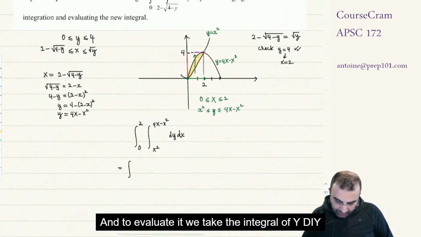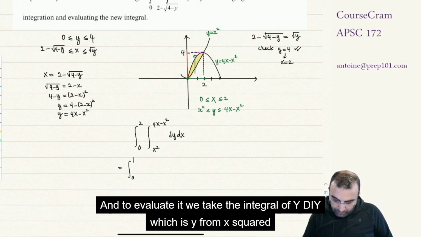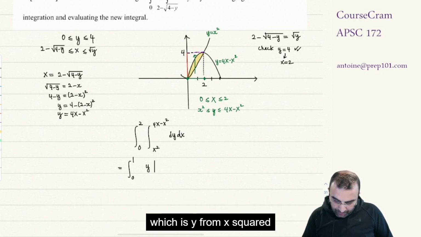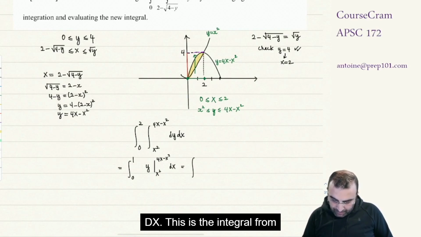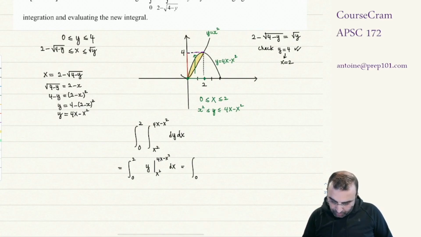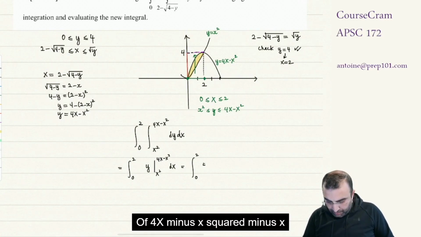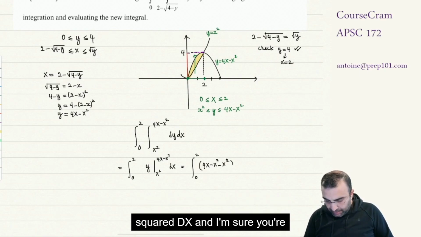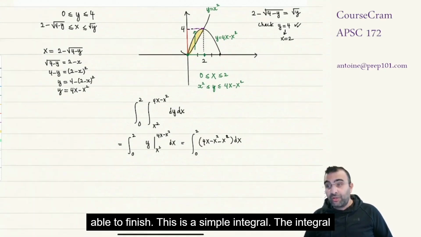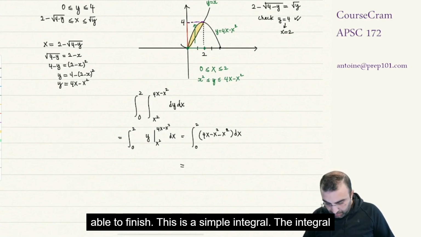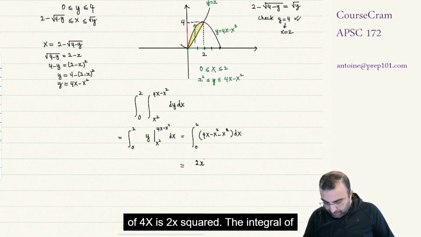To evaluate it, we take the integral of dy, which is y, from x squared to 4x minus x squared, dx. This is the integral from 0 to 2 of 4x minus x squared minus x squared dx, and I'm sure you're able to finish. This is a simple integral. The integral of 4x is 2x squared.